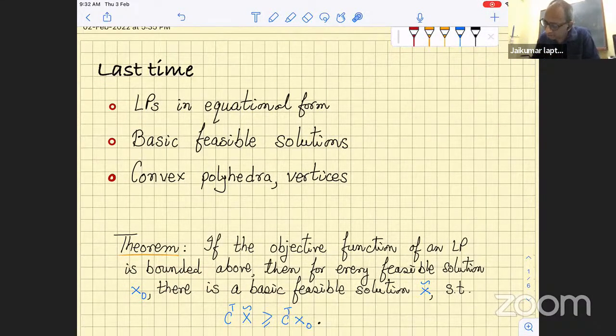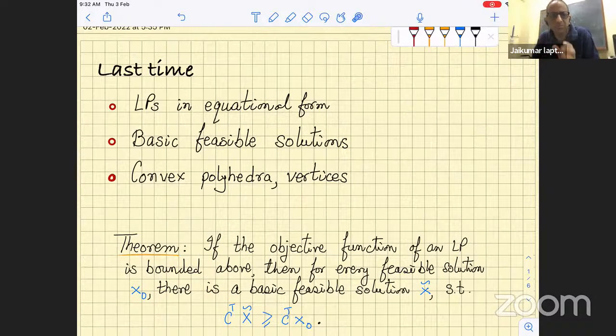Okay. So we discussed how any LP in general form can be converted to an LP in equational form. That was the first thing. Then once you have LPs in equational form, you can talk about basic feasible solutions.